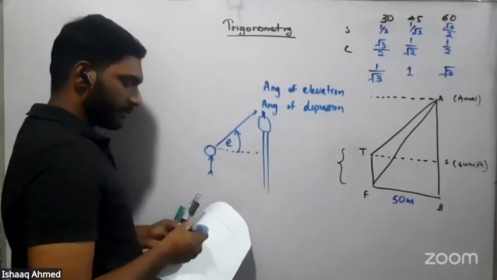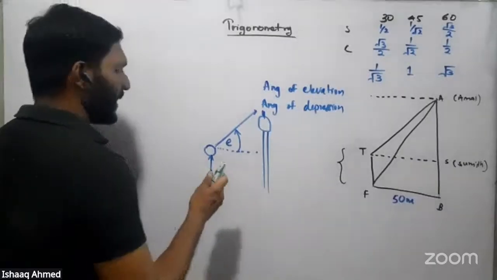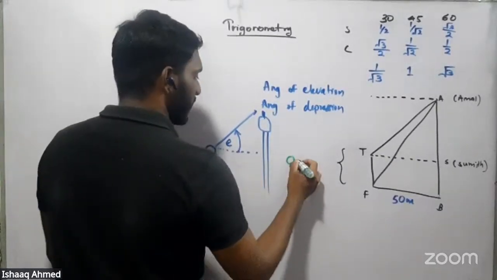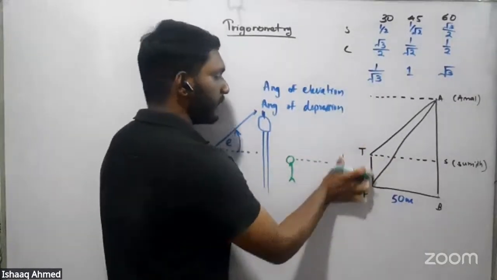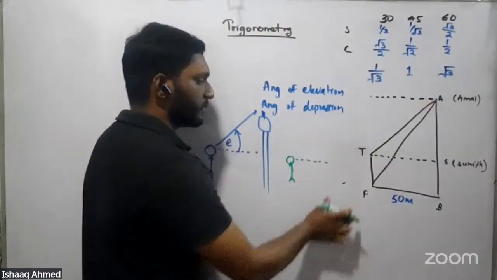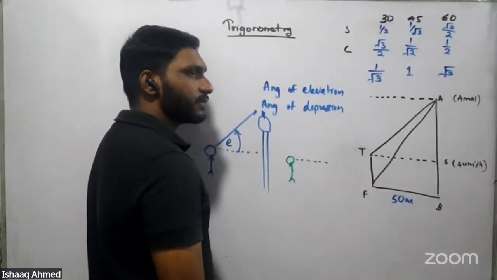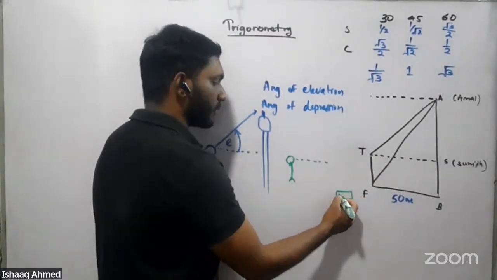Now again, I'm standing like this. This is my eye level. Now I want to look at a 1,000 rupee note that's fallen on the ground. I see a 1,000 rupee note.